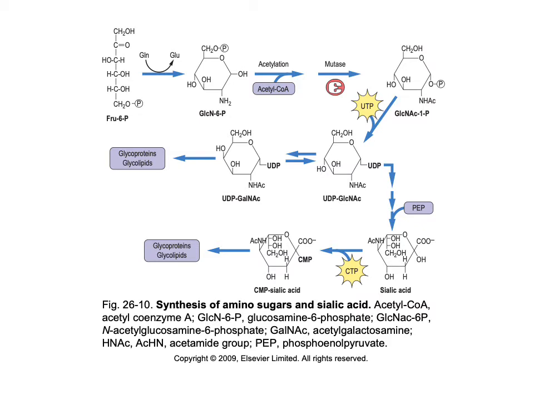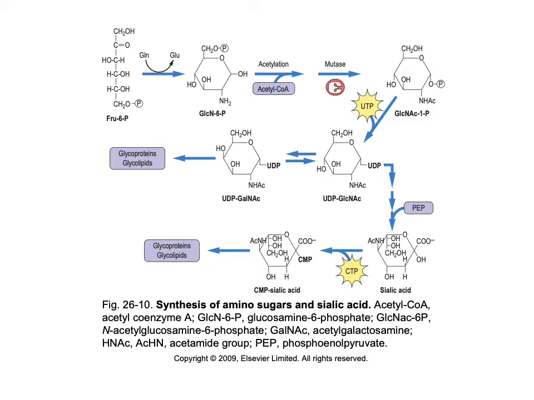Now this is a diagram showing the pathway from, in this case, fructose 6-phosphate, which is, of course, an intermediary in glycolysis, to some of the other amino sugars and acidic sugars. And again, two things to remember.